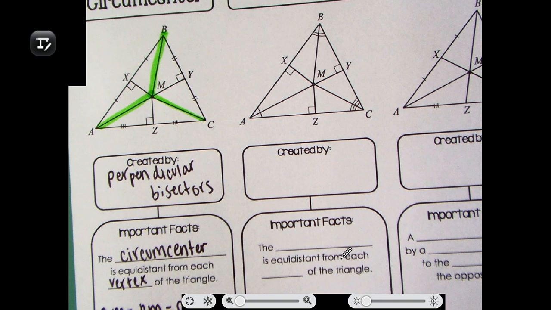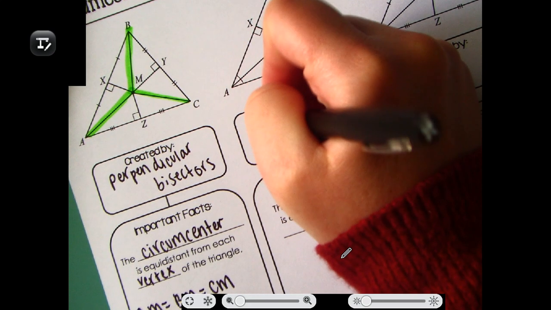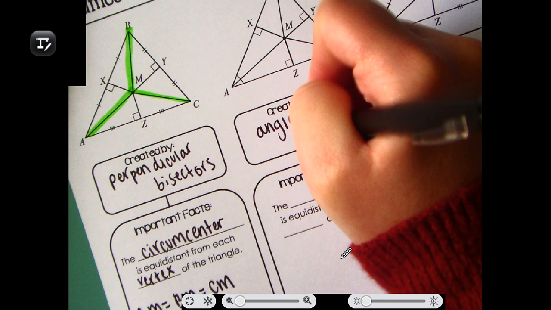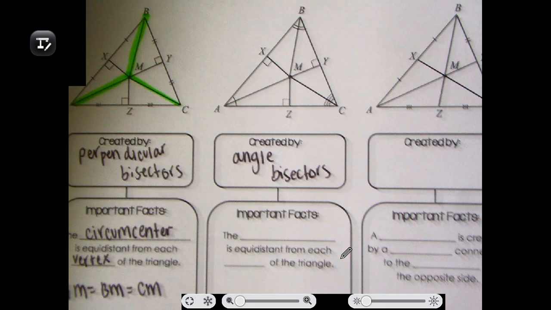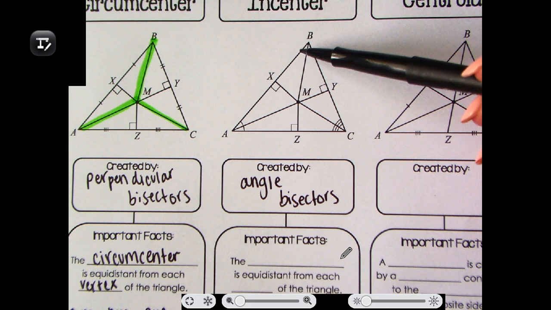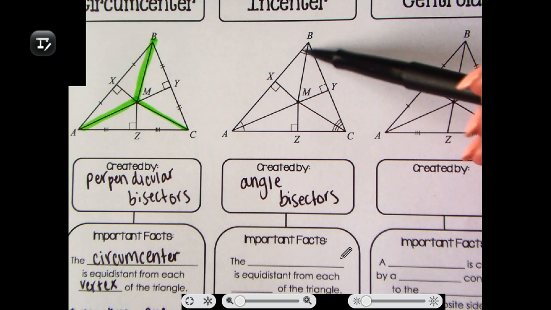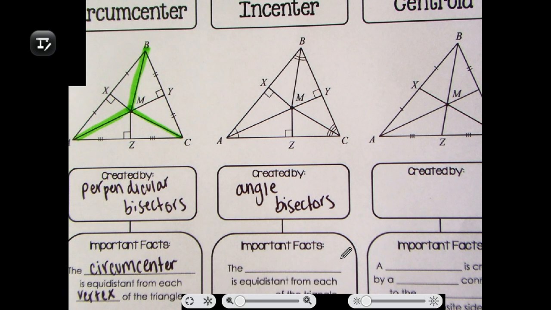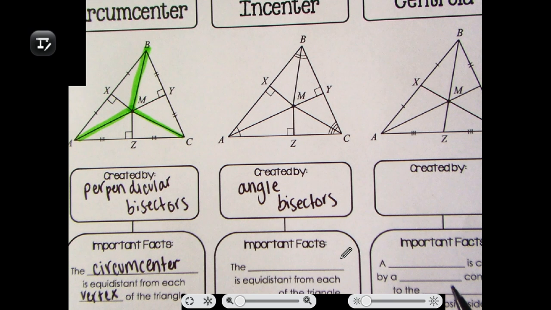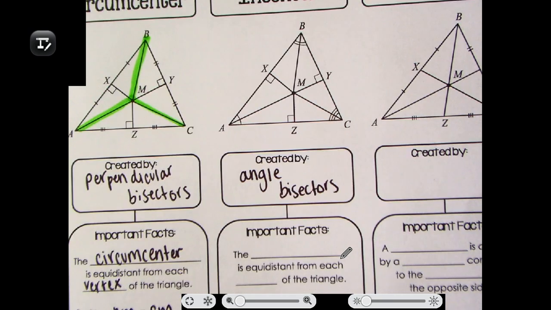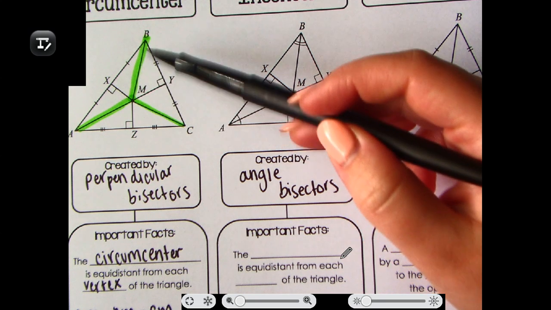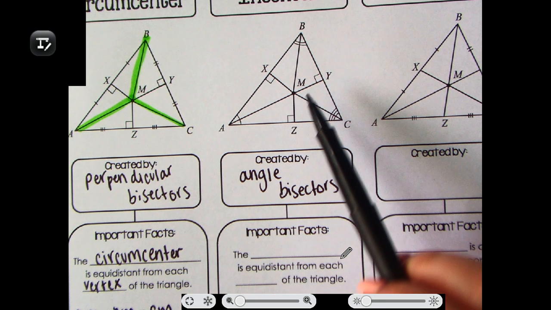Then we have an incenter, and it's created by angle bisectors. You can see the difference with the picture here. Now we have these angles that are cut in half, and that means that those angles are congruent to each other. But we do have an important fact similar to circumcenter, but instead of talking about these lines that extend to the vertex, we're talking about these little lines that extend to the side.